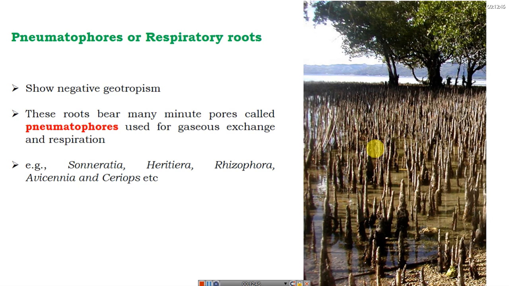To facilitate respiration, the roots grow negatively geotropic and come out of the soil, and these roots bear pneumatophores, small tiny minute pores that facilitate gaseous exchange and thereby respiration. Examples of plants having respiratory roots include Sonneratia, Heritiera, Rhizophora, Avicennia, Ceriops, etc.